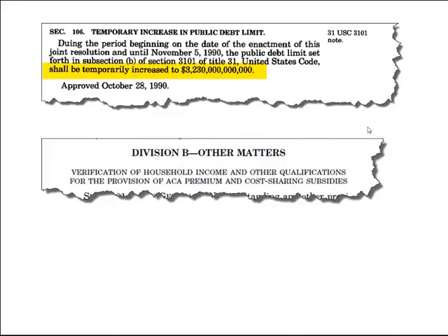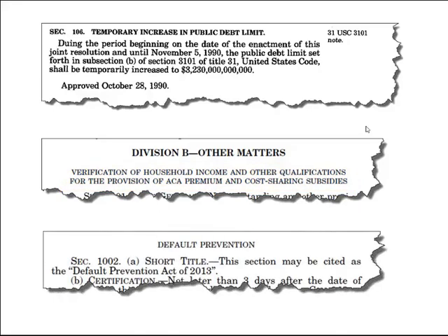In Division B, Other Matters, of the fiscal year 2014 CR, there's a provision on the verification of household income for the provision of Affordable Care Act subsidies. And there was also the provision for default prevention.